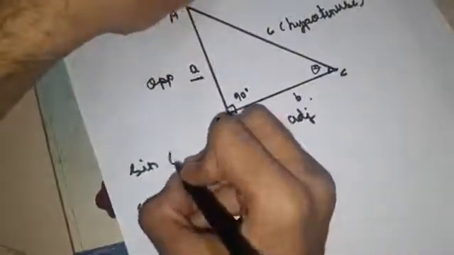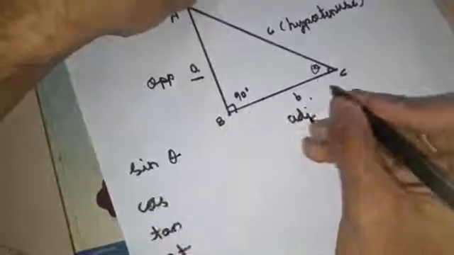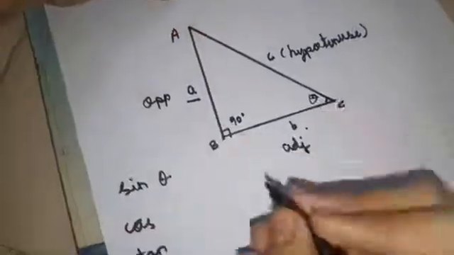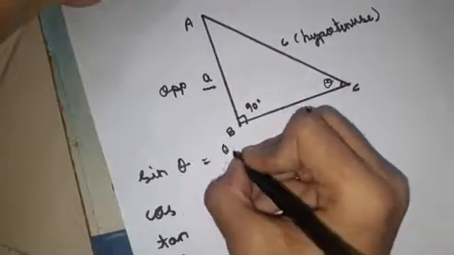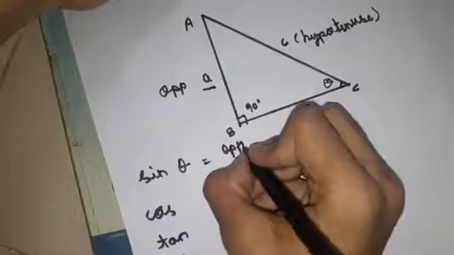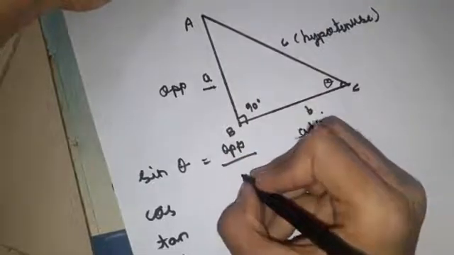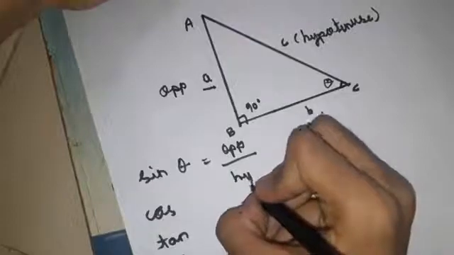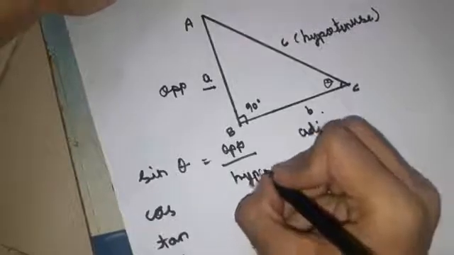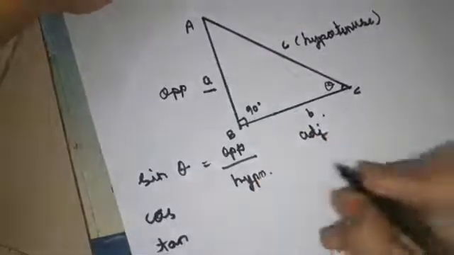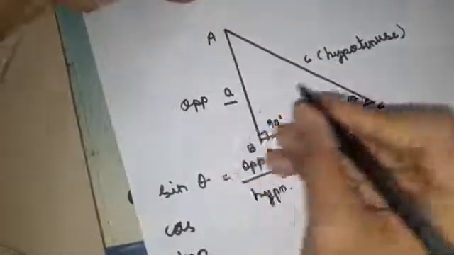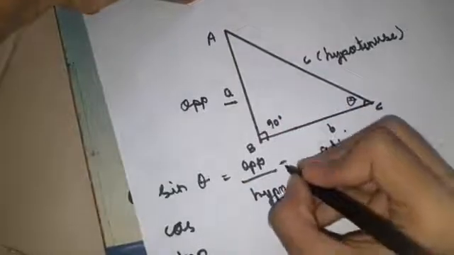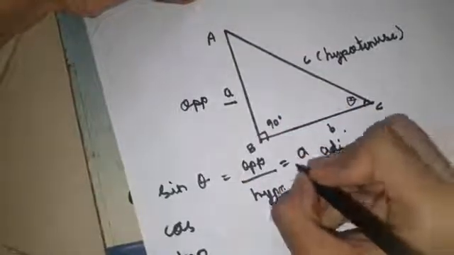The first ratio is sine theta. This angle is considered here. Sine theta is equal to the opposite side upon the hypotenuse. The opposite side is a and the hypotenuse is c, so sine theta is equal to a upon c.